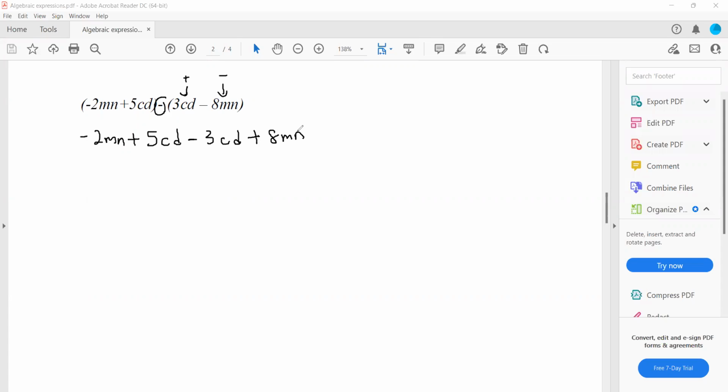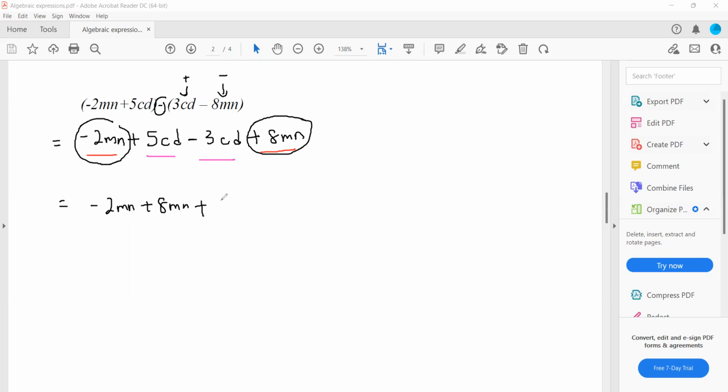So first, group them together. So 2mn and 8mn. Okay, next one is 5cd minus 3cd. So now comes the task of putting them together. Put all the like terms together. So minus 2mn plus 8mn. So you notice that I've maintained the sign even as I move them, anywhere.